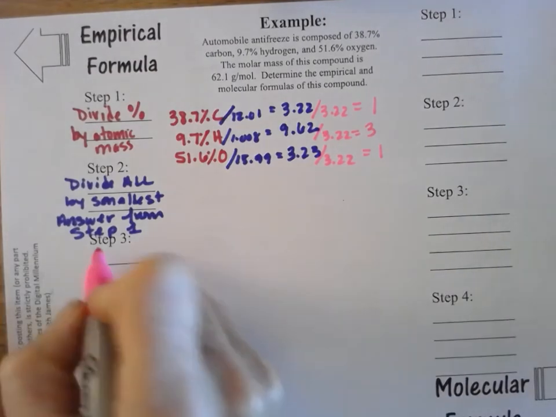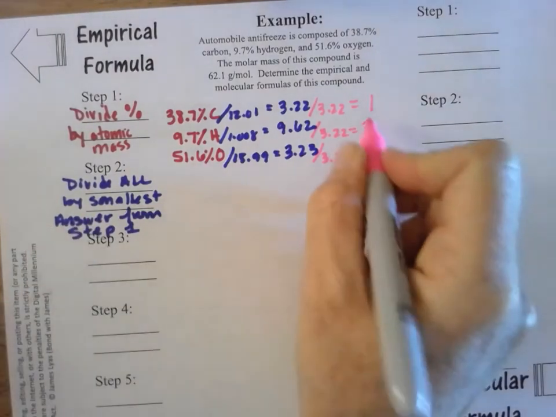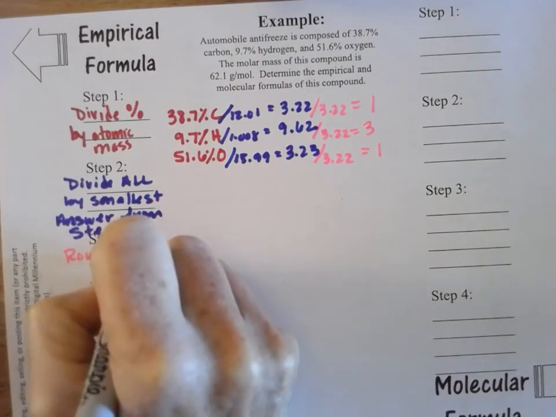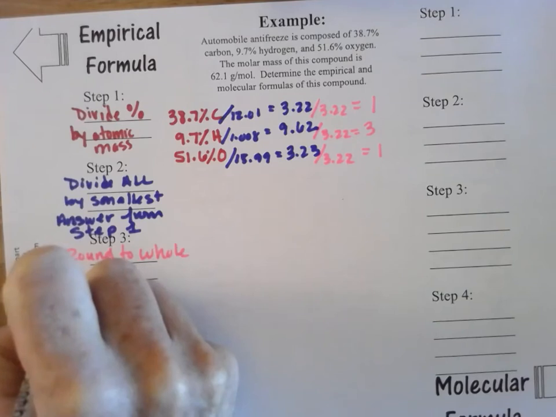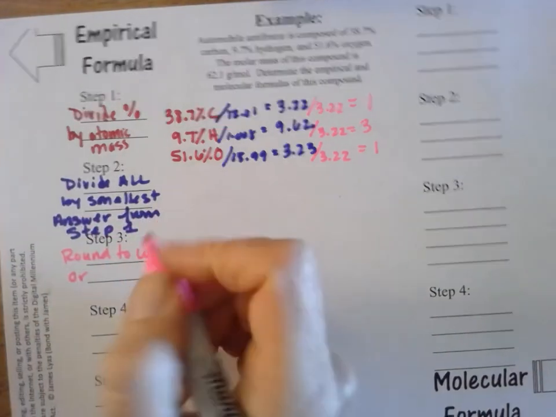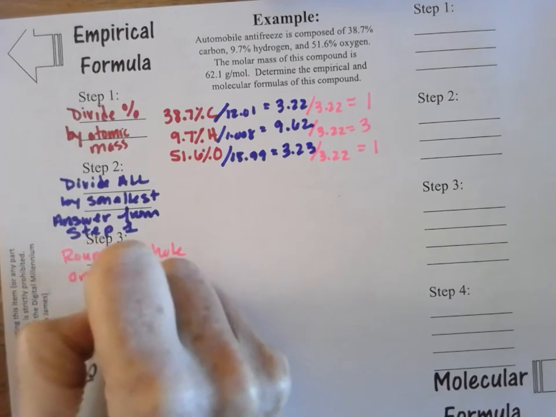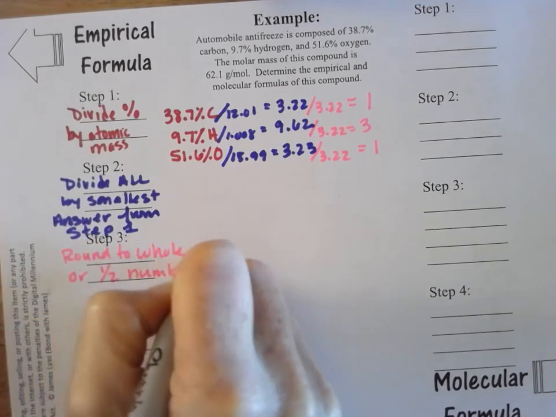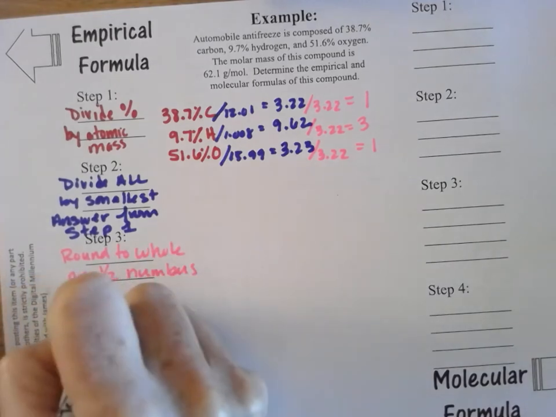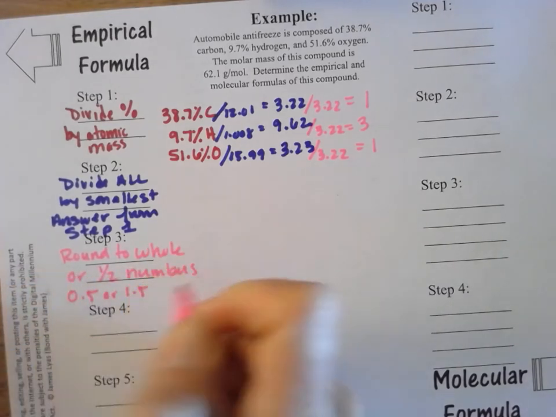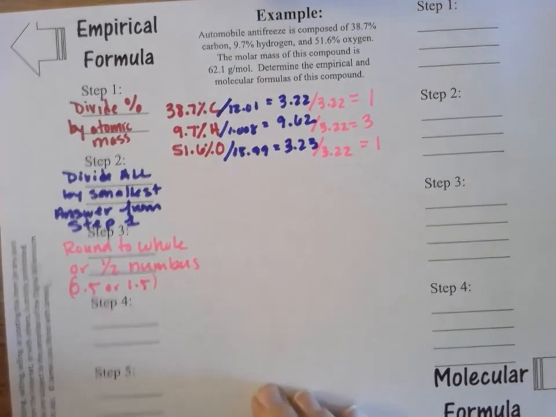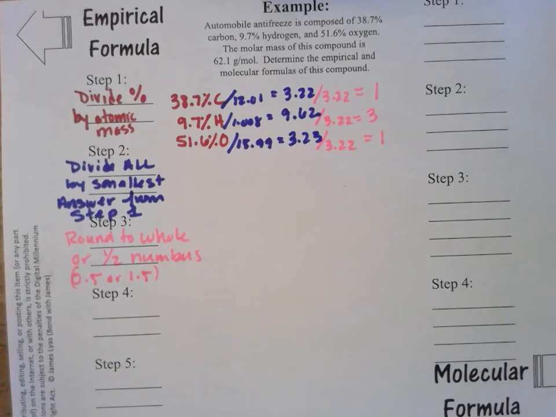Step number 3, for these numbers, we rounded to whole or half numbers. A half number, I'm talking about 0.5 or 1.5. These were all whole numbers right there.